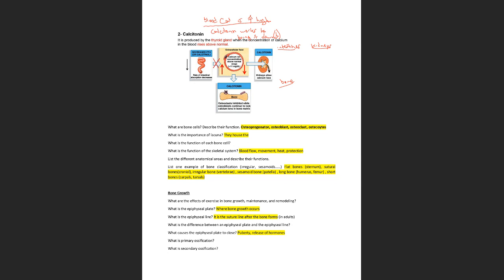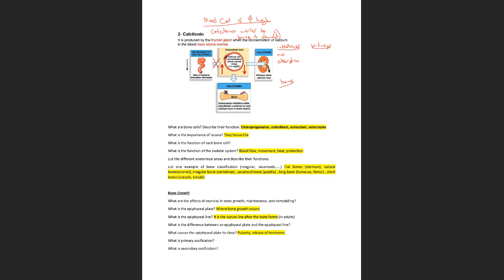So we want to work to bring down blood calcium levels. So on the level of the intestine, do we want to absorb calcium or do we just want to take it out of the body? Again, blood calcium levels are high. We want to lower it down. Is absorbing calcium a good idea? No. Exactly. So there is no absorption. It blocks absorption because we don't want to absorb more calcium. We're trying to get rid of it.